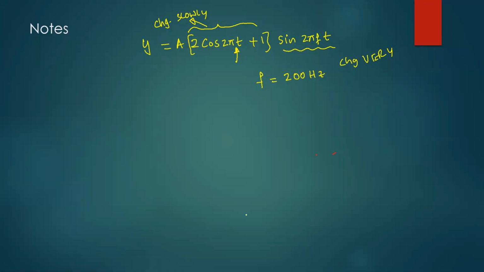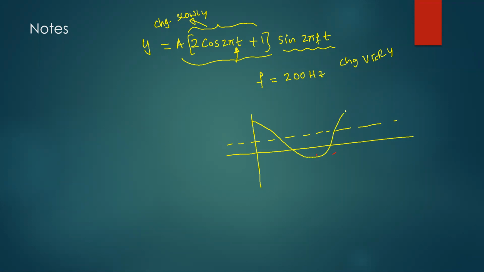This is what you need to understand. Suppose I draw this graph. It looks something like this. Because I'm shifting it by 1, everything will shift upwards. So this function will look something like this.